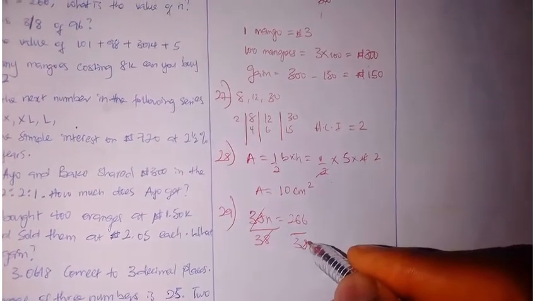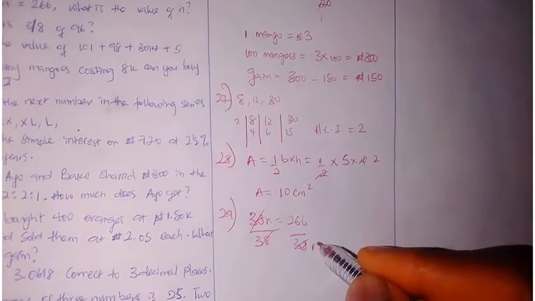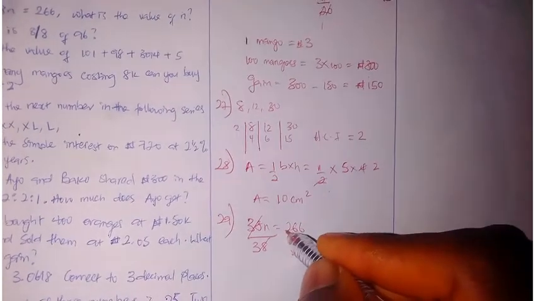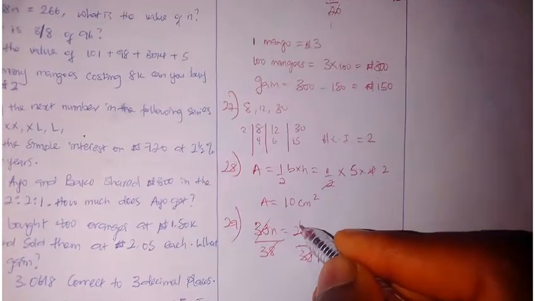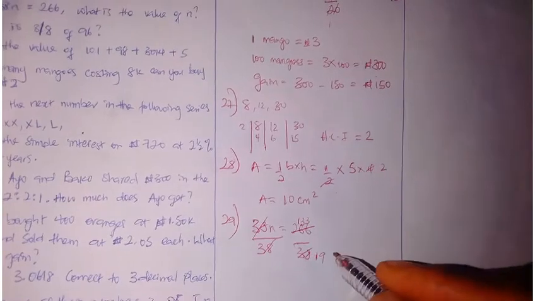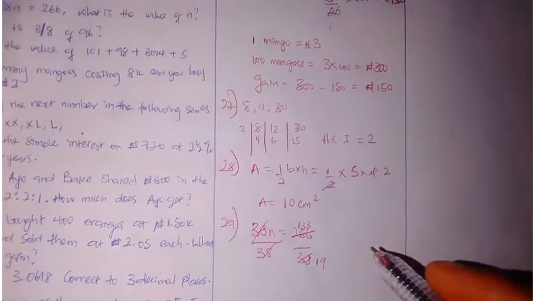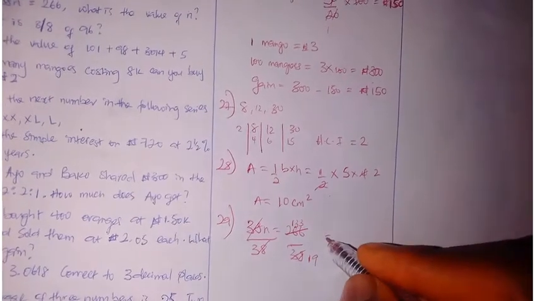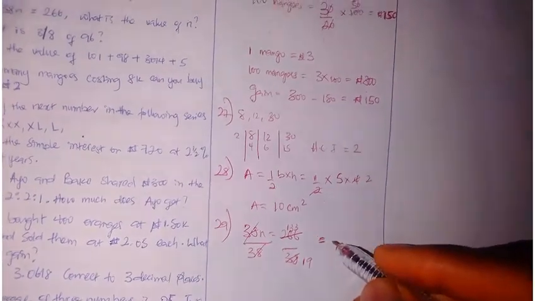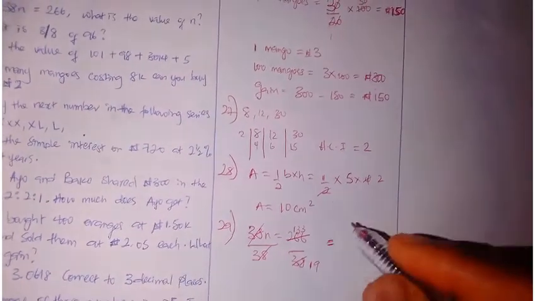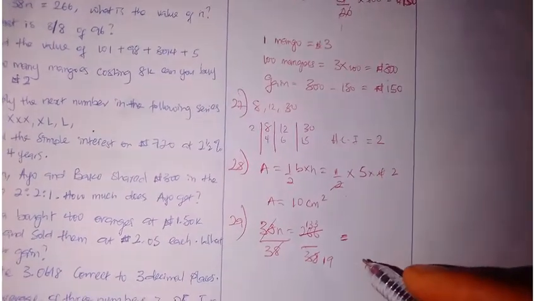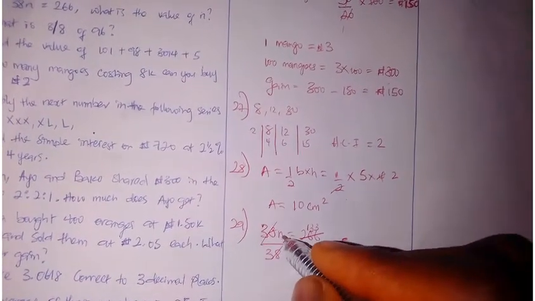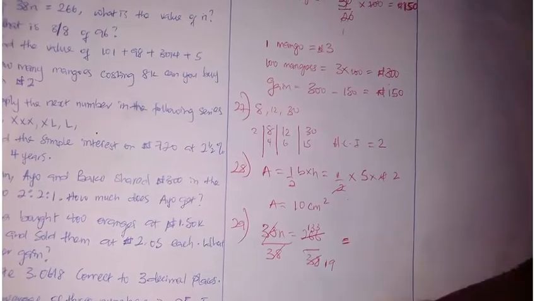We can say 2 here, this is 19. 2 here as 133. Then we have 19 here. So you can sort that out and get the answer. Whatever you get as the answer here represents the value of your n. So n now becomes 133 over 19.